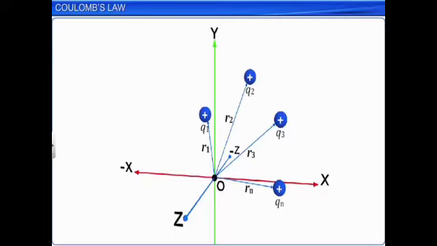To find the net force on any charge in such a system, we first calculate the electrostatic force on that charge by each and every other charge of the system. Then, the net electrostatic force on that charge is equal to the vector sum of the individual electrostatic forces on that charge due to every other charge of the system of charges. The individual forces are unaffected by the presence of other charges in the configuration. This principle is called the principle of superposition.